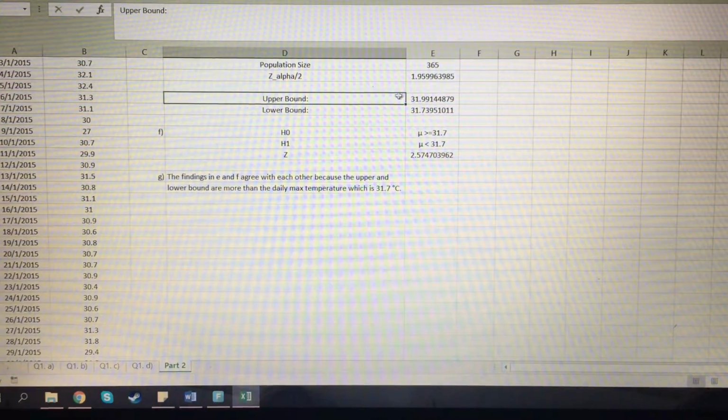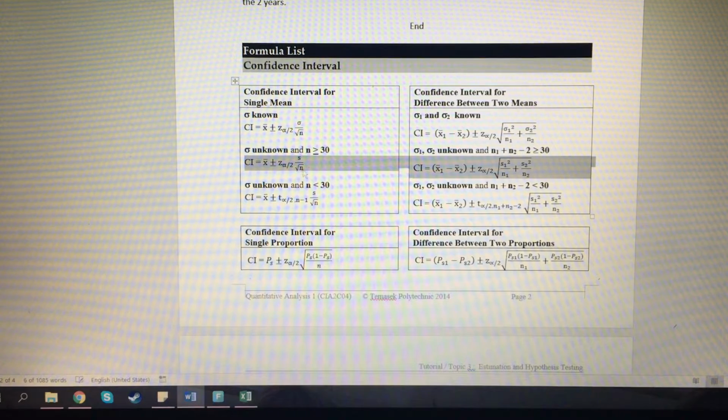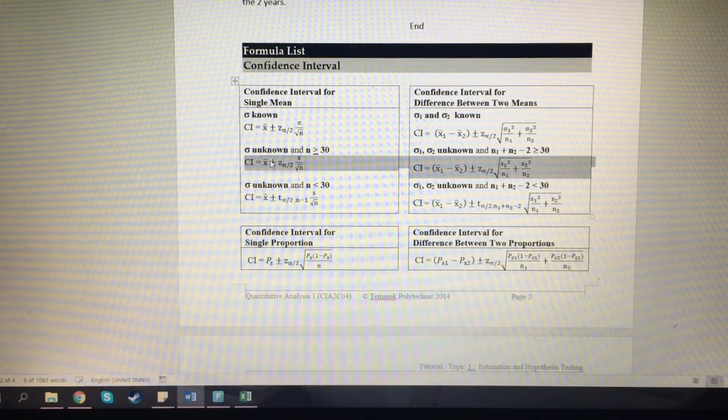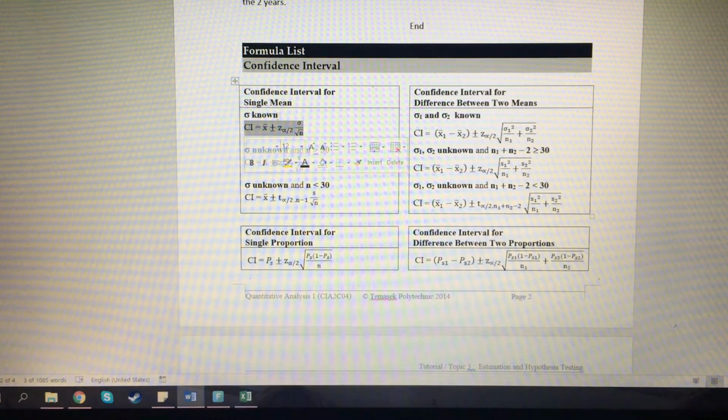Moving on, to find the upper bound, I use this formula over here. This formula, which is the standard deviation known.